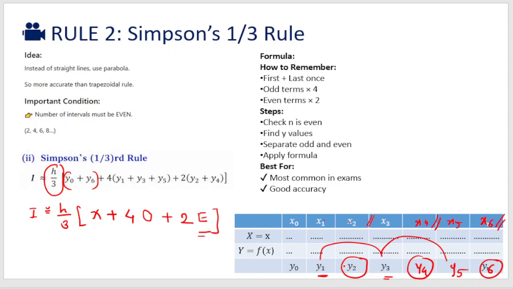Ordinates means the values of y that I'm going to consider. I hope this rule, known as Simpson's one-third rule, is clear.